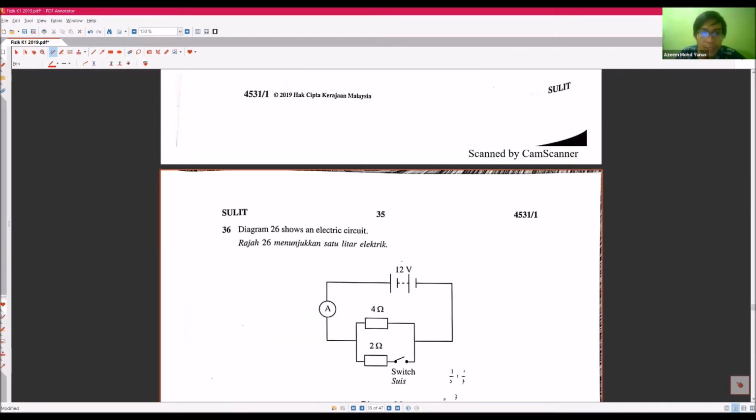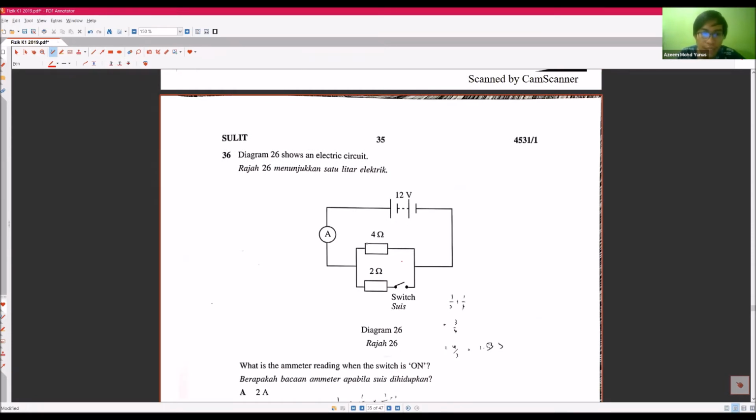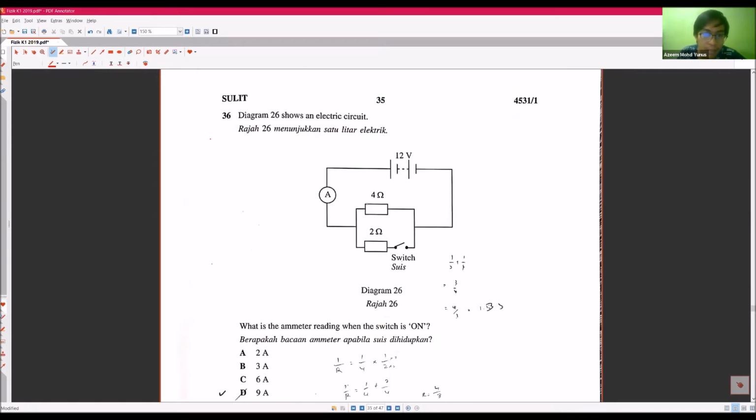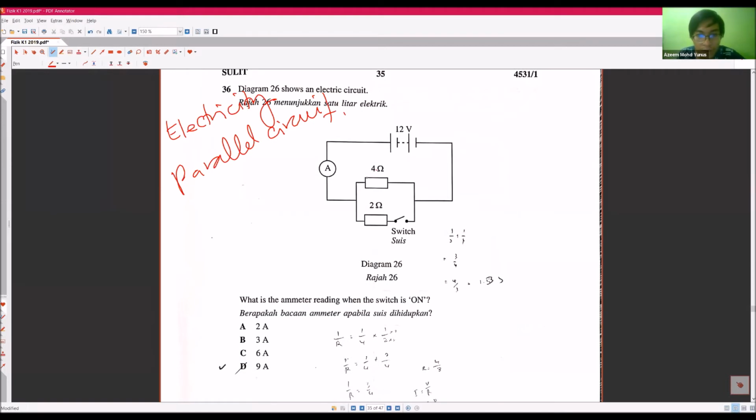Number 36. Diagram 26 shows an electric circuit. So this is the ammeter reading when the switch is on. So when the switch is on, it is a closed circuit. So the ammeter reading is the overall current.